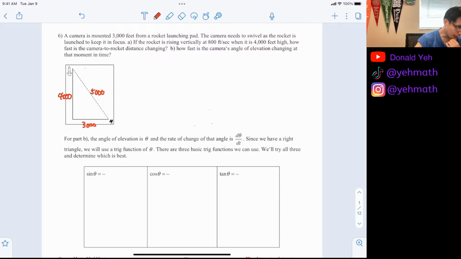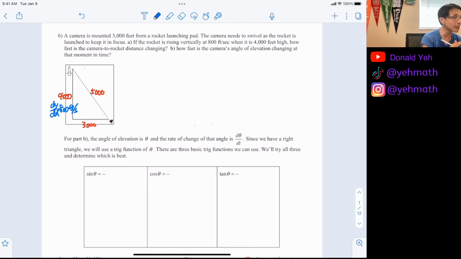Okay, so Emil said it best. I'm going to talk about what Emil says. It says dy/dt here is equal to 800 feet per second. What is the constant in this case? The constant is the one distance that does not change if you take a picture 10 seconds earlier and 10 seconds later.